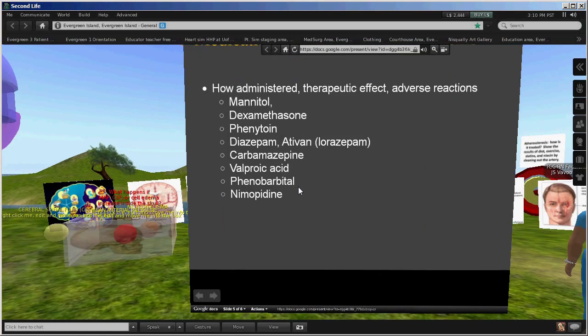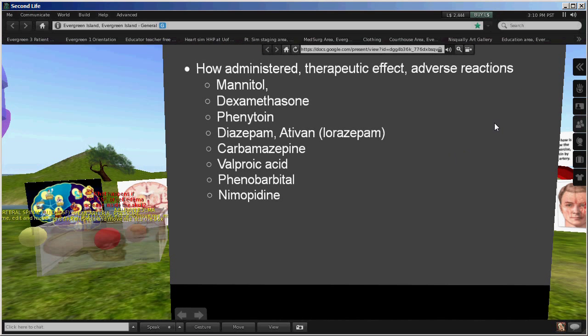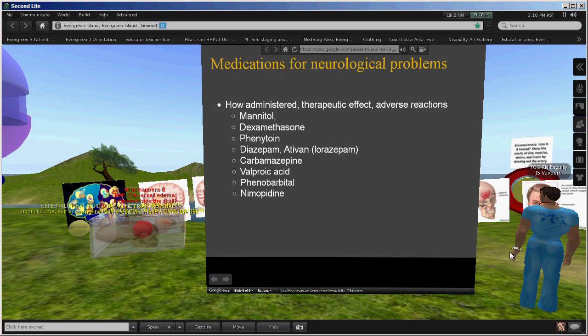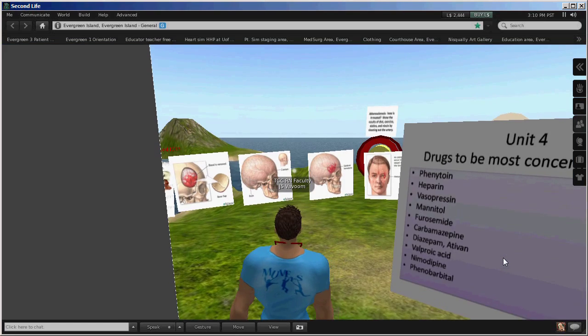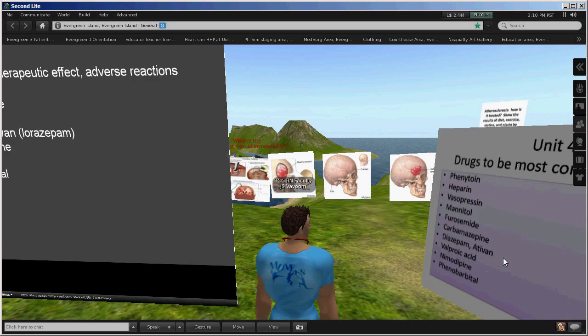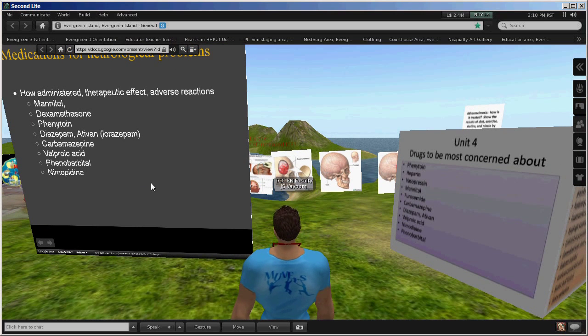So some of the medications include mannitol, dexamethasone, phenytoin, diazepam, Ativan, carbamazepine, valproic acid, phenobarbital, and nimodipine. And those are quite similar to the ones that are on this box over here. So you need to know the therapeutic effect, how they're administered, and any adverse reactions.